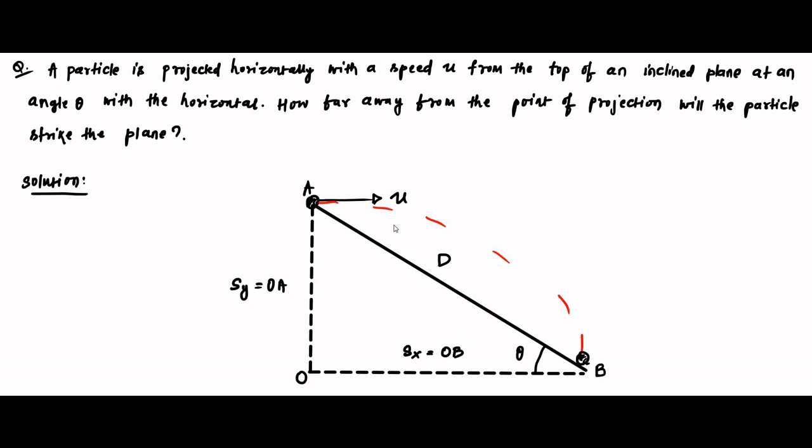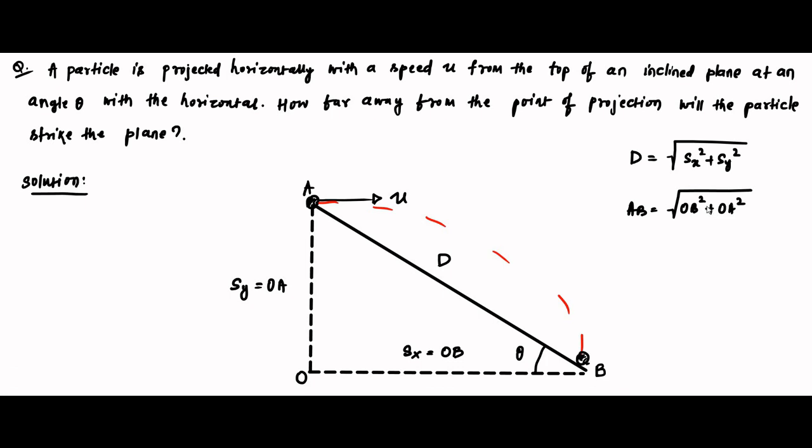So this distance D, we can determine it as root over of Sx square plus Sy square, because AB is equal to root over of OB square plus OA square. This is the result that we are going to get.